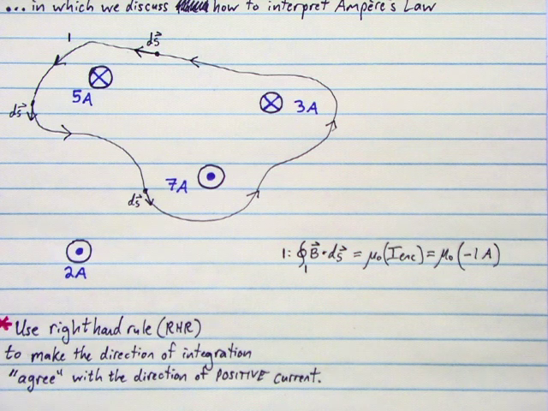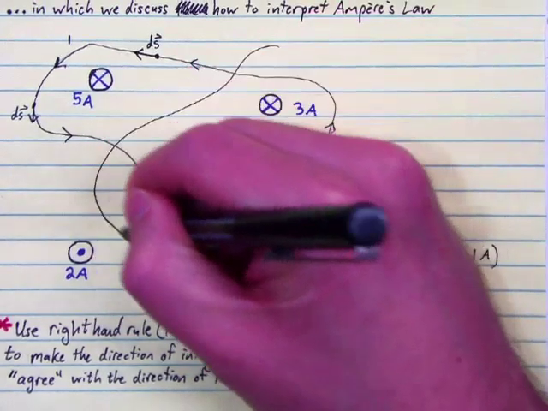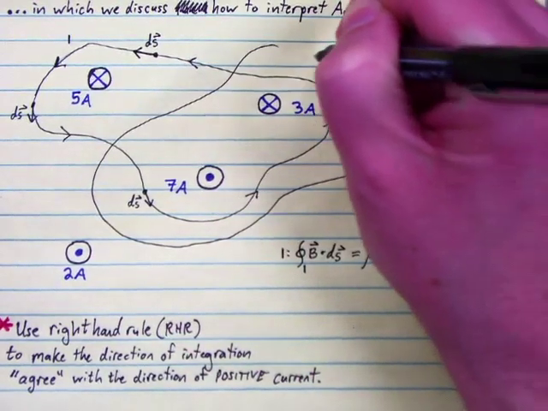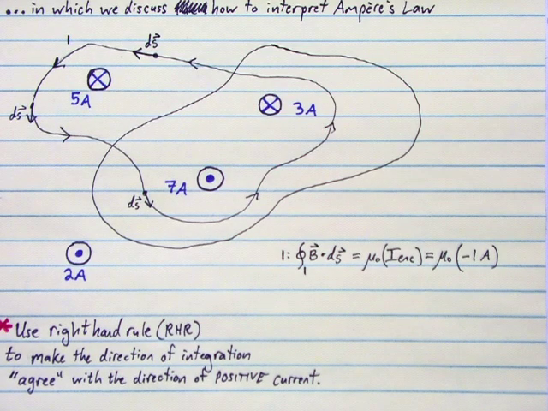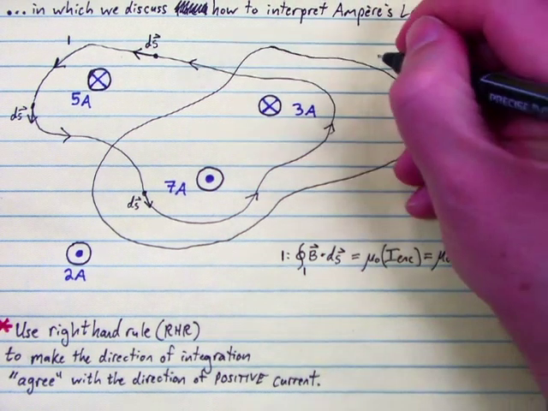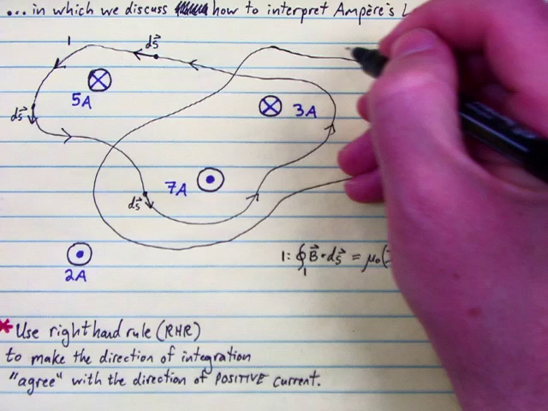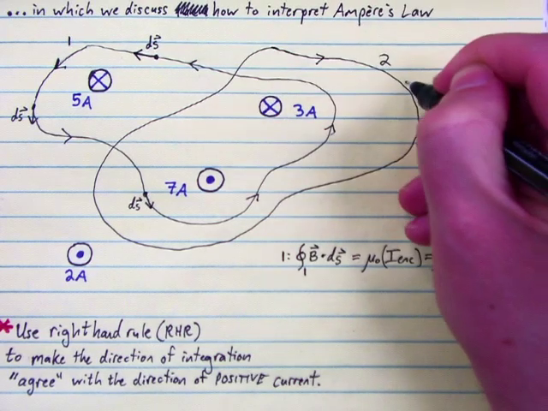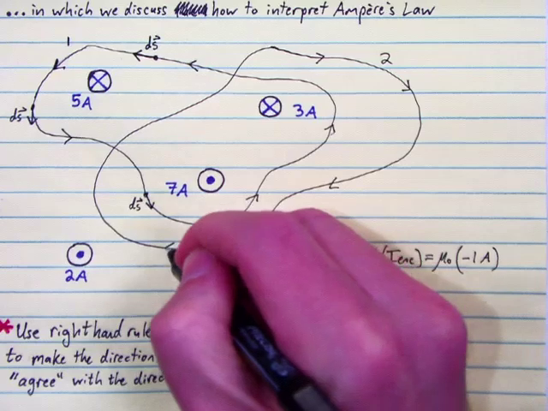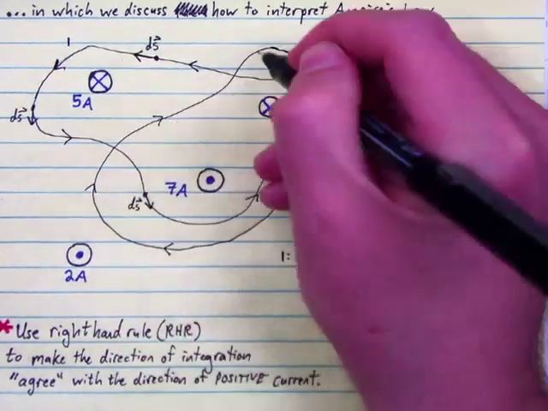Okay, let's draw a different path because we can draw any shaped path we like. So how about something like this instead? And around that path, we'll call it path 2, let's travel in a clockwise direction instead. Let's imagine hiking this way around that path.